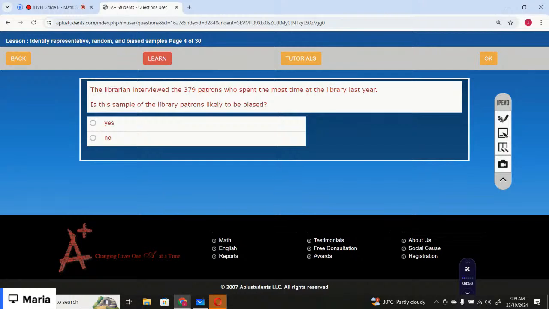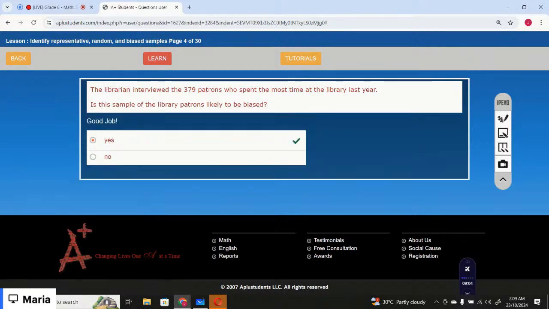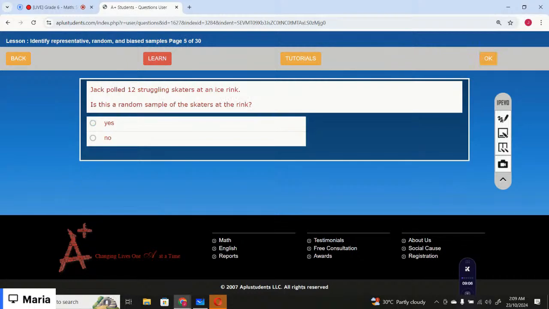Yes, that is the biased sample, right? Because these 379 are the ones that spent most of the time in the library. So the correct option is yes.